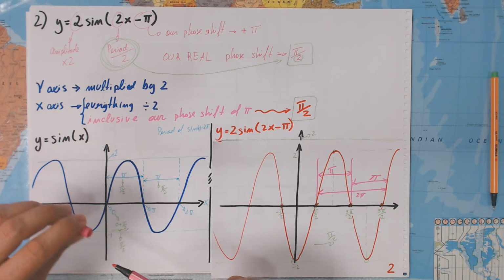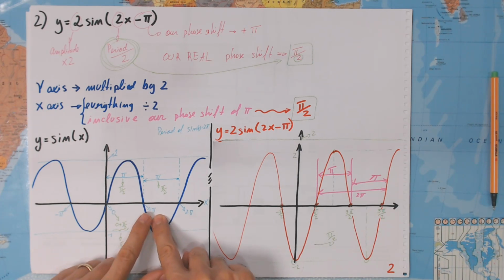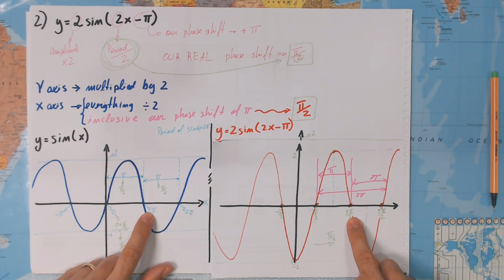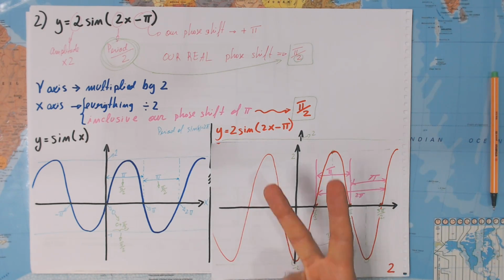And what is wrong in here? That is what I would like to discuss in this video. It's wrong. Try to think about it. Pause for a minute. Why is it wrong? It's wrong because we forgot that that pi in here is not going to be just shifted pi over 2 to here. Why? Because we have to acknowledge that two things are going on.